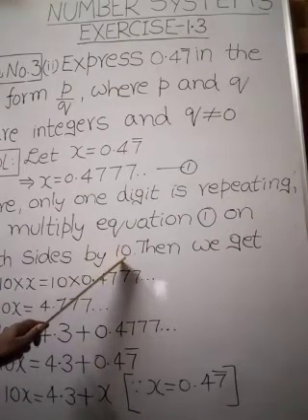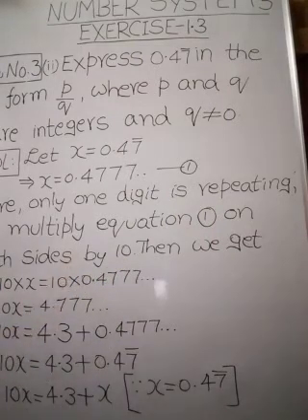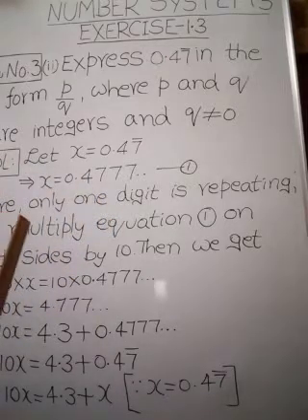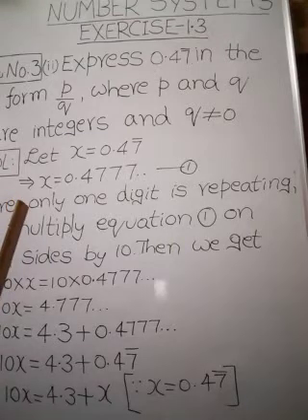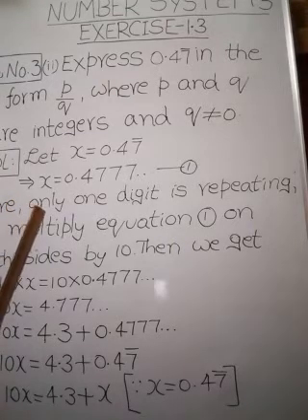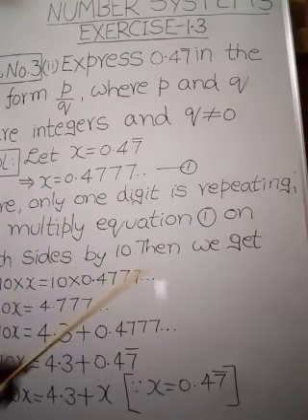As I told you previously, if a block of 2 digits is repeating infinitely many times, then we multiply equation 1 by 100. If a block of 3 digits is repeating, then equation 1 is multiplied by 1000, and so on. Remember this point, my dear children.